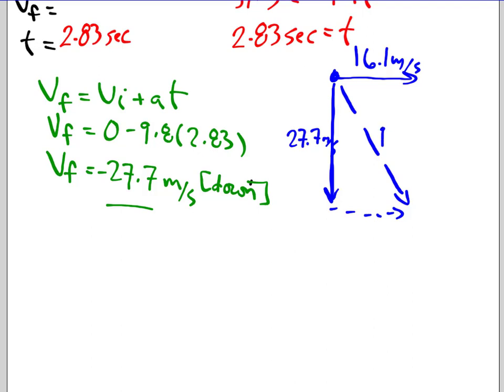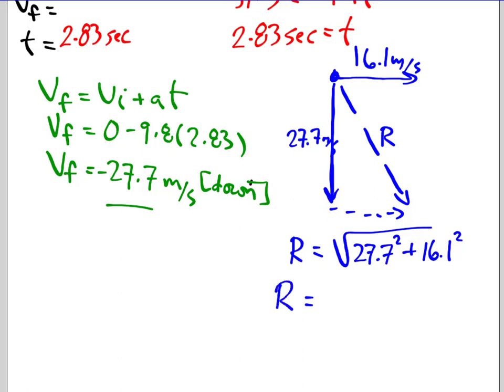Okay, so our resultant here is 27.7 squared plus 16.1 squared, and then square root that.